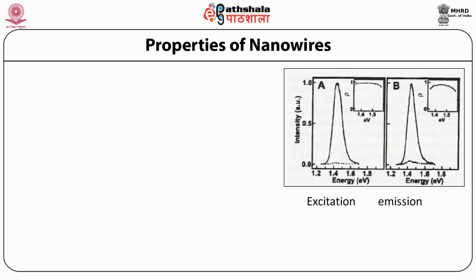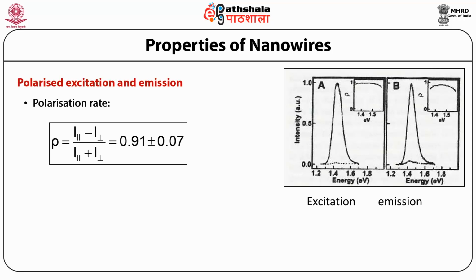So continuing our discussion on the properties of nanowires, we have the polarized excitation and emission. The polarization rate, that is rho, equal to I parallel minus I perpendicular divided by I parallel plus I perpendicular, equal to 0.91 plus minus 0.07.